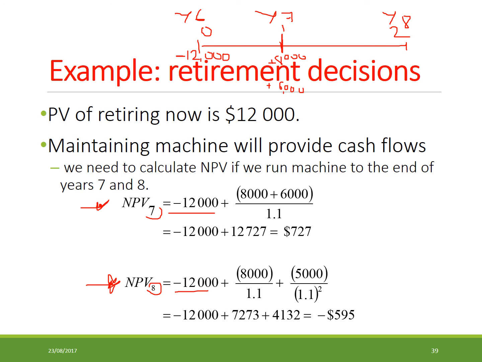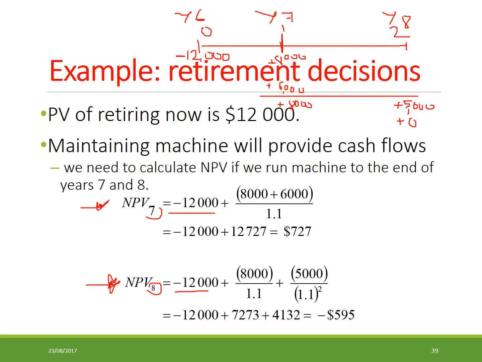If we run the projects for 2 more years, we get the cash flow in year 7, the cash flow in year 8, but when we sell the machine, we get nothing, right?